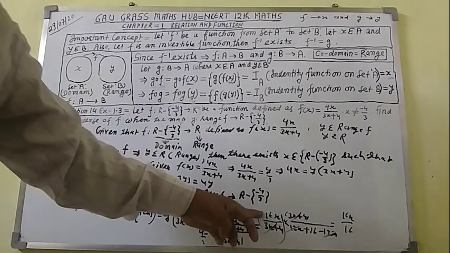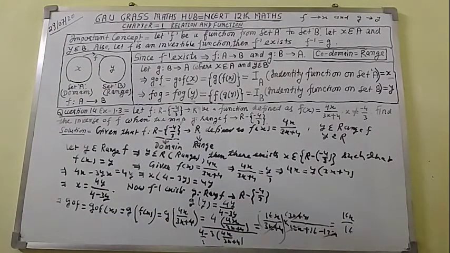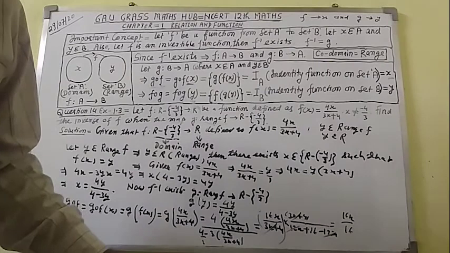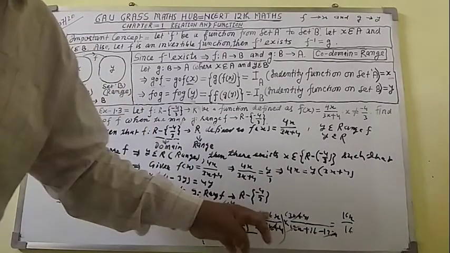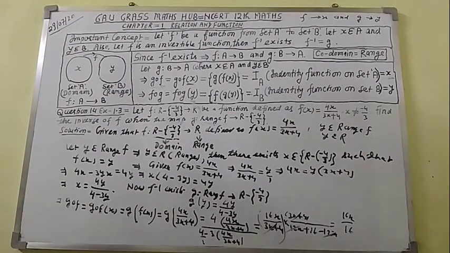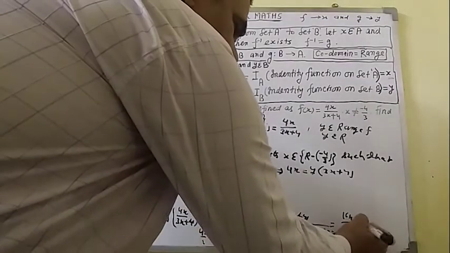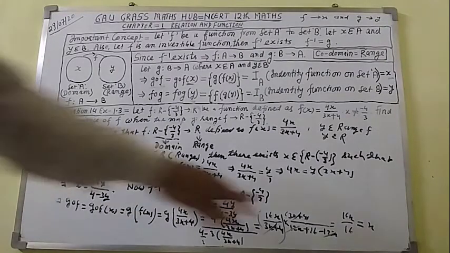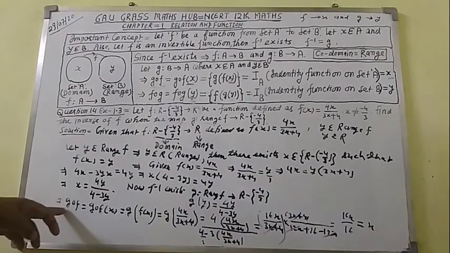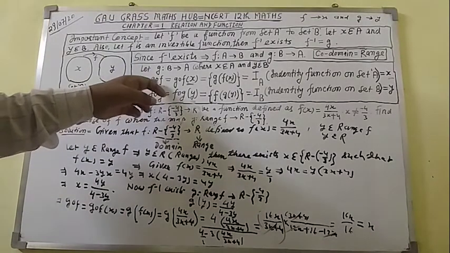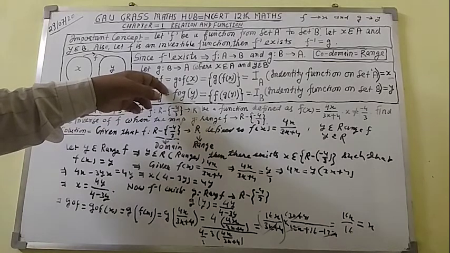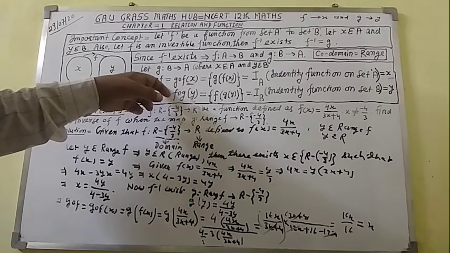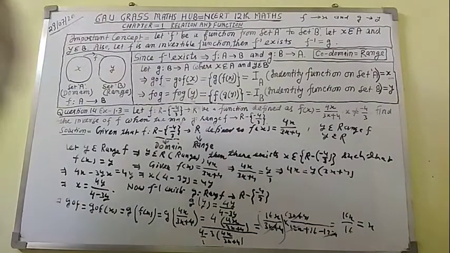In the numerator you find 16x, and in the denominator 16. So this 16 will be crossed out, and we will get x. So now gof gives us x. The value of g of f equals x. So the first condition is satisfied.